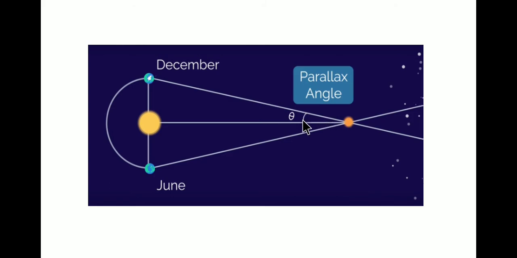This difference in angle is known as parallax angle, and this angle maintains a distance from this particular point, and this distance is measured as parsec. So this parsec is approximately equal to 3.26 light years.